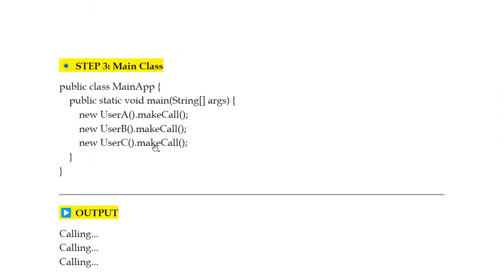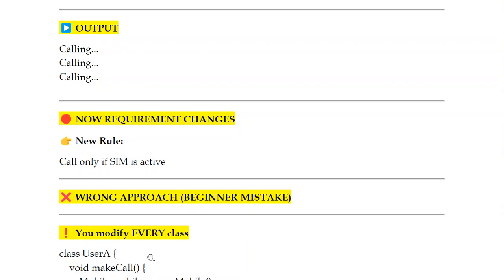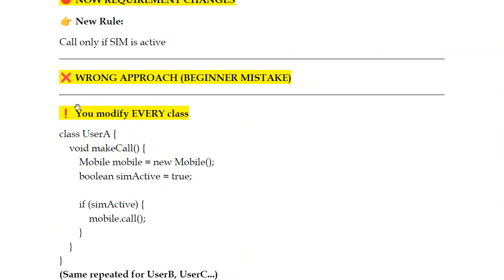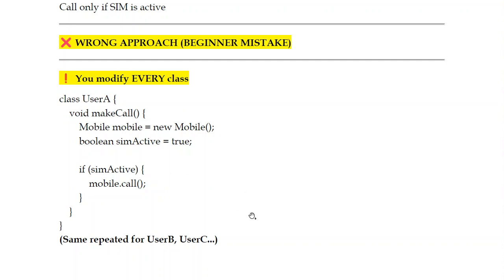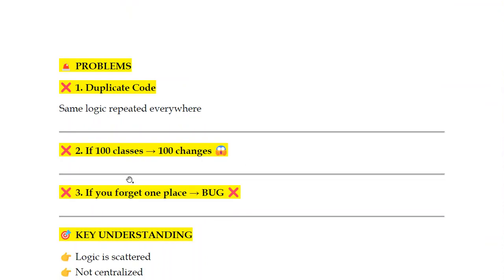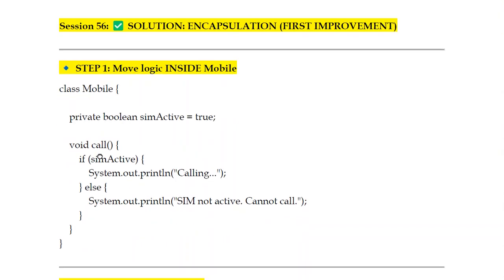If one change is needed, like the SIM being active only, you have to change all the classes, whether the SIM is active or not, and ensure that in all of them. It's the biggest threat, so avoid this problem.